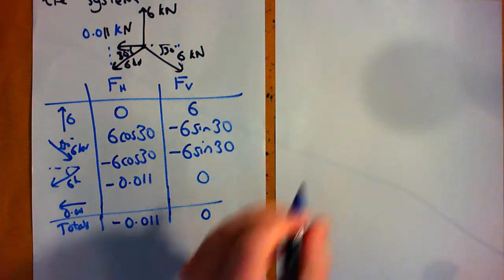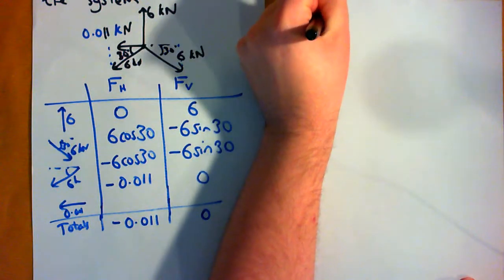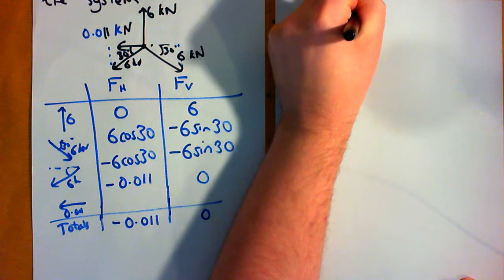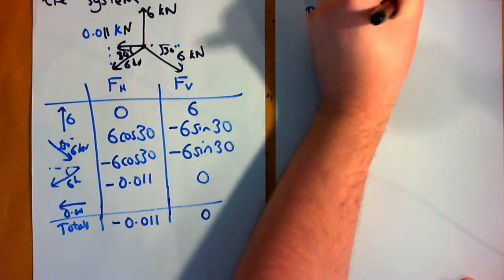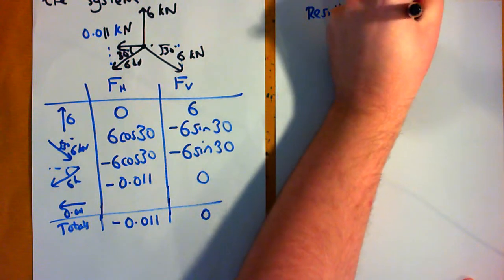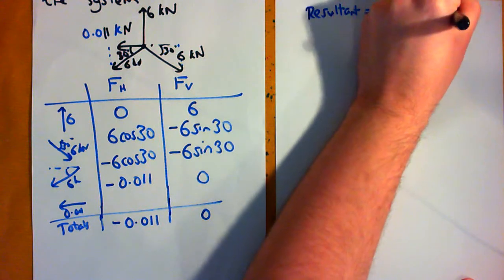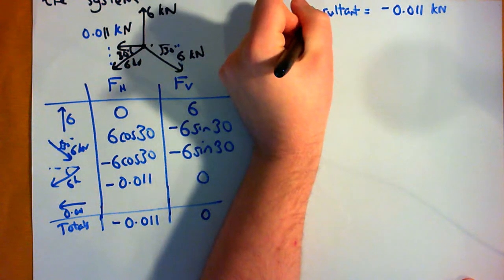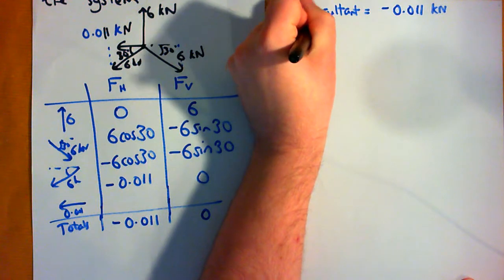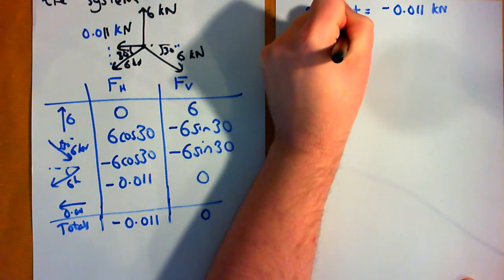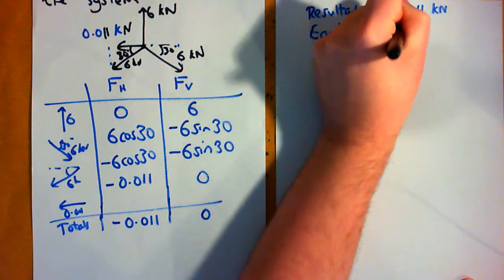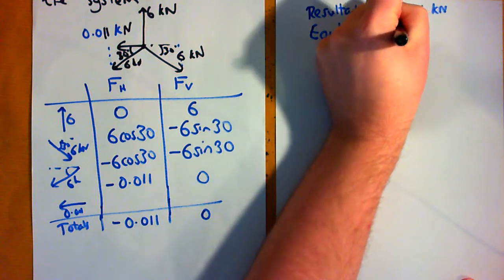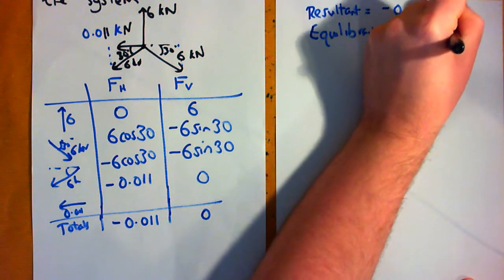So your resultant is equal to negative 0.011 kilonewtons, and if we reverse the direction we get the equilibrant, which would be positive 0.011 kilonewtons.